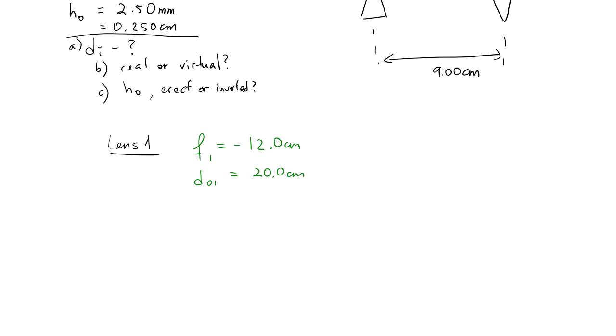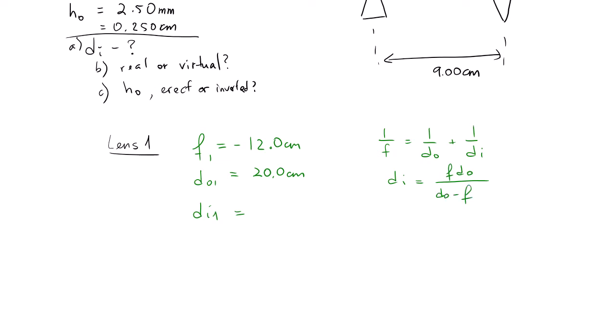To find the distance of the image for the first lens, I can use 1 over f equals 1 over do plus 1 over di. If we simplify and solve for di, this can be written as f times do over do minus f.